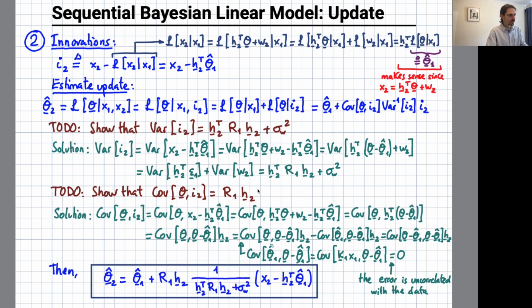Now, just by plugging these expressions in this one, we obtain the LMMSE estimator at time 2, which we see here that it is given by the LMMSE estimator at time 1 plus this correction, right, which is a linear function of the innovations, of the information that is new, and it is scaled by this coefficient here.